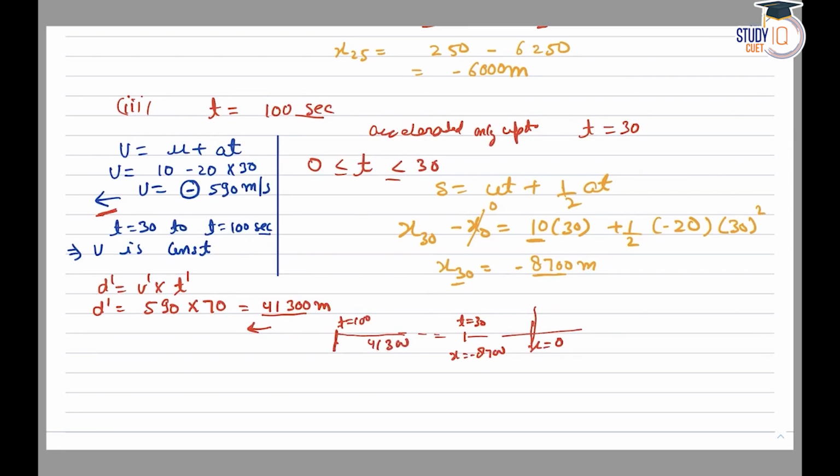So the final coordinate at t equal to 100 can be written as minus 8700 minus 41,300. So this comes out to be the position at t equal to 100 is equal to minus 50,000 meter.